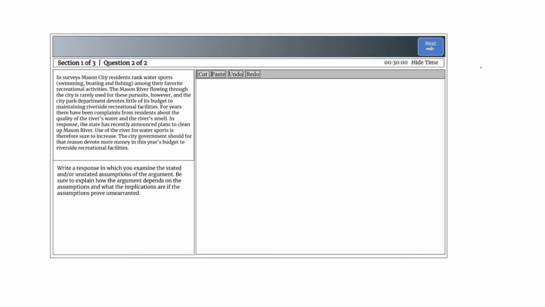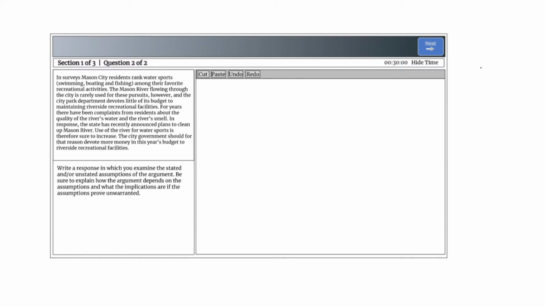If they ever mention surveys or if they mention reviews or complaints and things like that, you always want to question how valid is it, right? How recent was the survey? How many people took the survey? Was it randomly distributed or did people choose to take it? Did the survey have a ton of questions, a ton of options for what you could rank as your favorite recreational activity, or was it just yes, I like water sports, no, I don't like water sports, right? So it's all those little things that you want to be suspicious of.